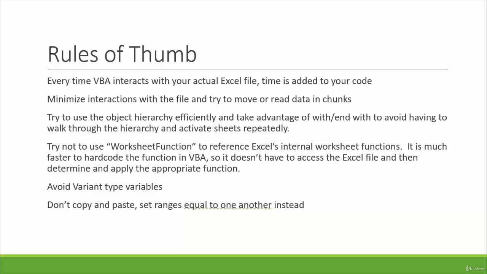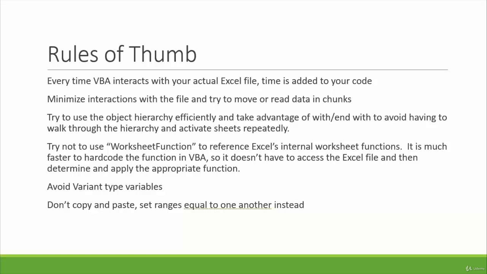So it takes a long time to reference worksheet functions, and it's generally better to just hard code that information in rather than using Excel's predetermined worksheet functions, because now you're not trying to switch back and forth between your code and your file to get that function.